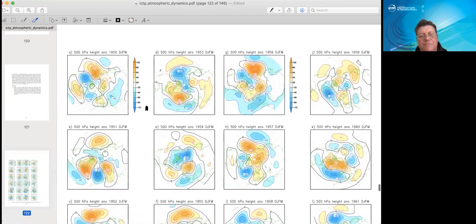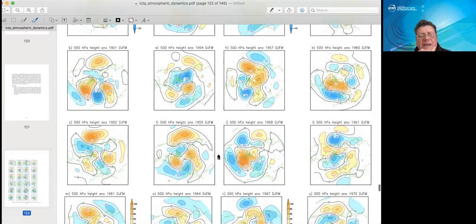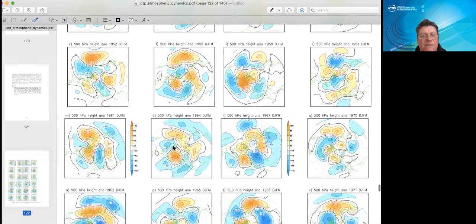He looked at these patterns and found, oh, sometimes they look similar. So maybe there are some preferred patterns. If I look at this here in 58, and if I look at this in 51, maybe there's some similarity. Or sometimes they can be almost exactly the opposite of each other.